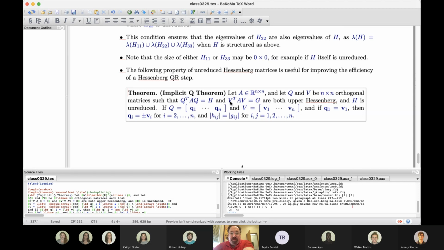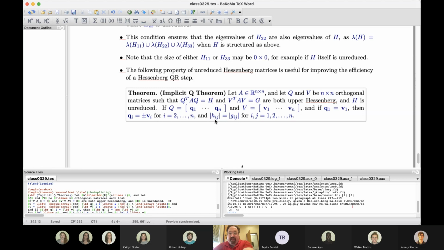If Q and V are two orthogonal matrices, both of which reduce A to upper Hessenberg form, and if this one is unreduced, and if Q and V have the same first column, so both Hessenberg reductions start out the same way, it turns out they're essentially the same. Not exactly the same, but if Q1 and V1 are equal, then all the other columns are plus or minus each other, and H and G are equal, at least in absolute value.